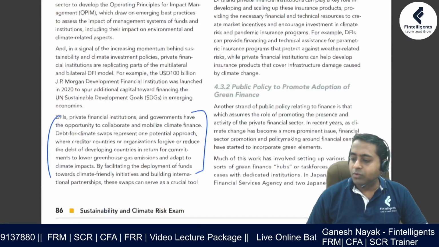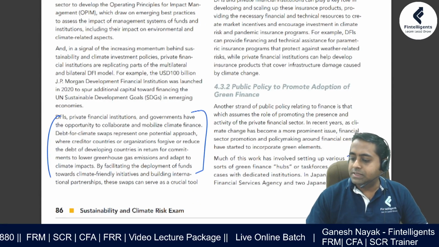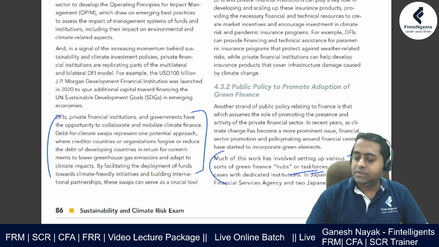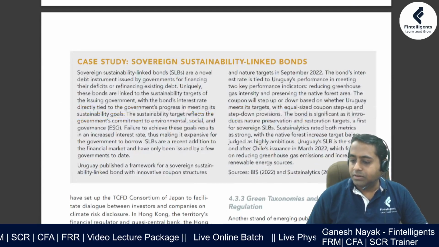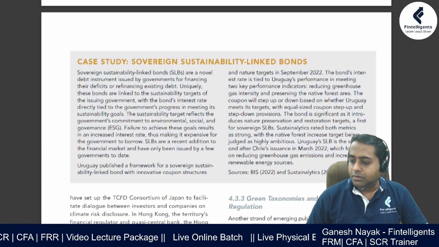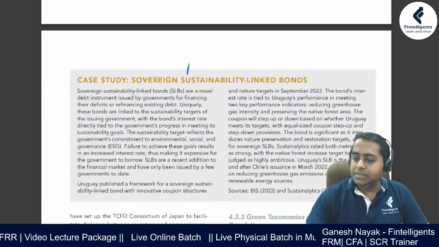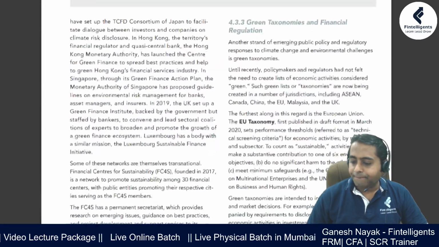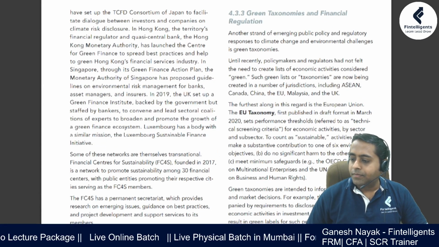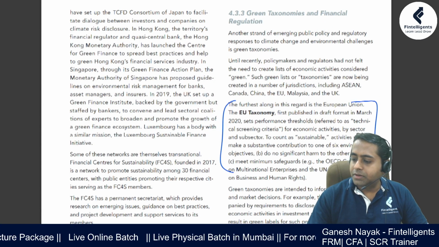Public policy to promote adoption of green, these hubs and task force section is important. You can read this case study. EU taxonomy is important.